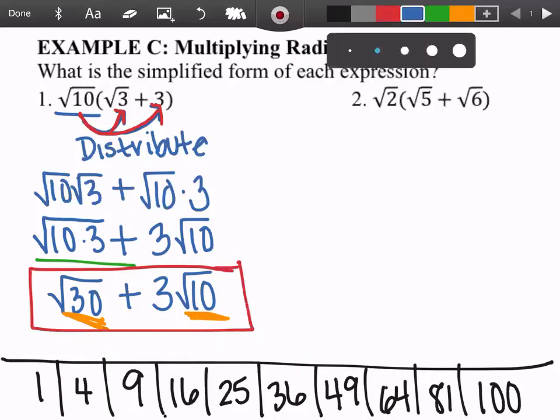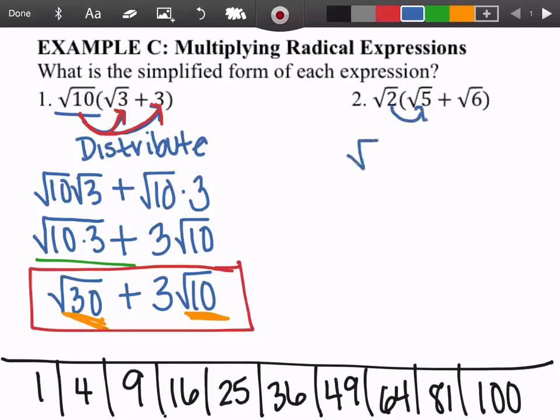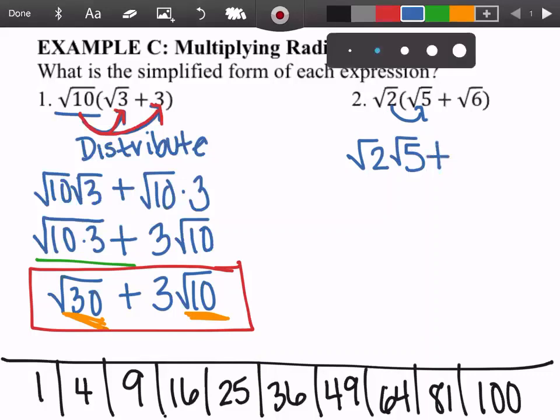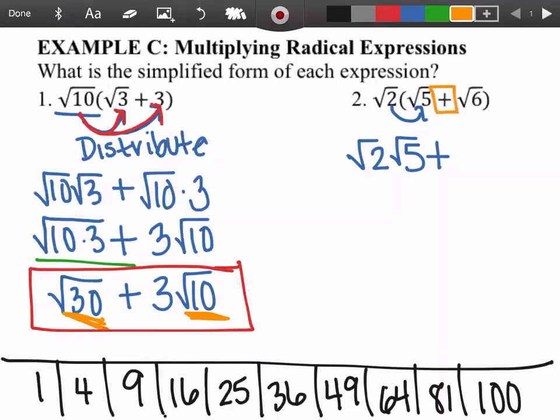So now let's do the same thing with the square root of 2 times the square root of 5 plus square root of 6. So if we distribute this, we have the square root of 2 times the square root of 5 plus, and if that was a minus sign there, you would have minus. But then we take square root of 2 times the square root of 6.